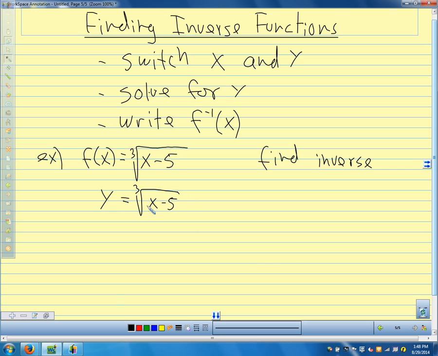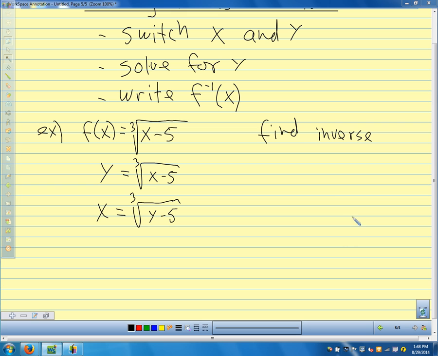Now I'm going to switch them. Everywhere I see an x, I put y. Everywhere I see a y, I put x. x equals the cube root of y minus 5. How do I solve for y now? Cube both sides. x cubed equals y minus 5. And now I'm done. y equals x cubed plus 5.